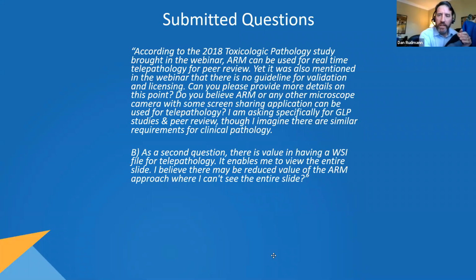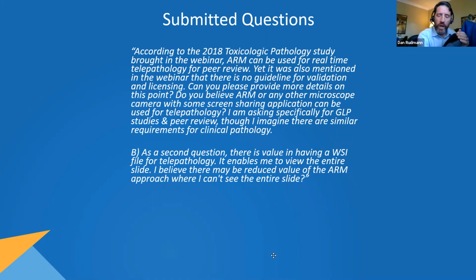So really anything that the peer reviewer uses to help them in decision support, to help them make a decision whether they agree or disagree with the pathologist, is just what it is. It's decision support. It's not producing data. It's really just helping them make decisions.